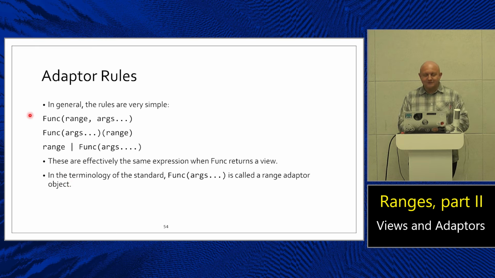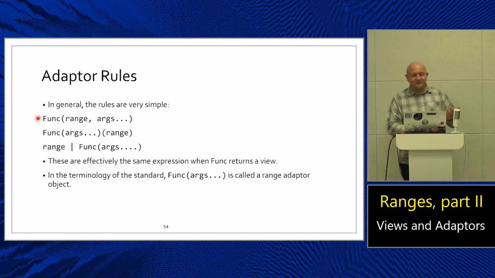So, how does this actually work? The rules are surprisingly simple. You can write this form, view constructor of range and arguments; this form, func of arguments of range; and this form, range pipe func of arguments. All three forms are effectively the same as long as func returns a view.